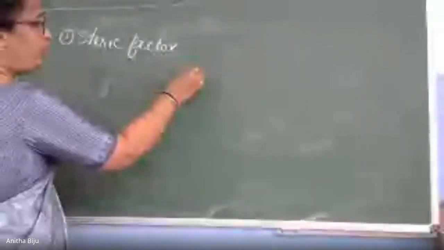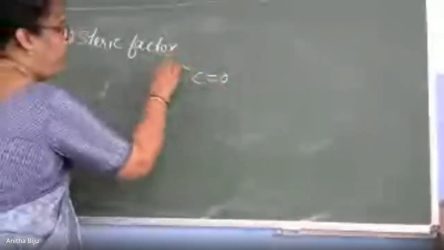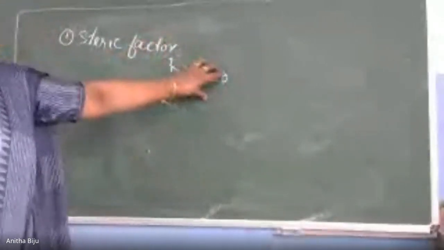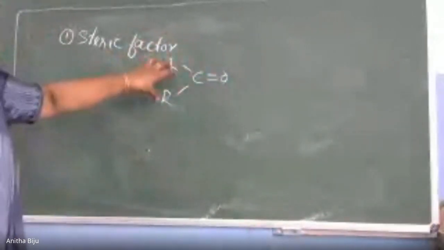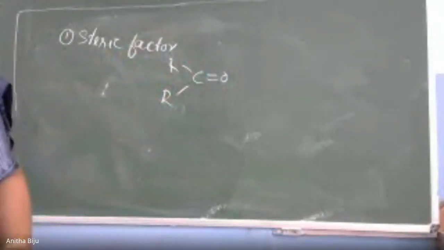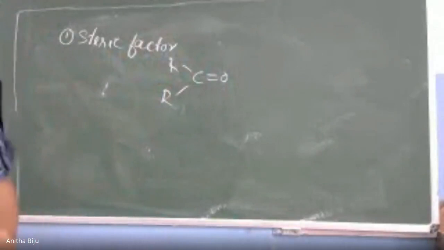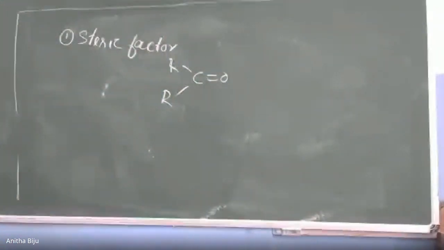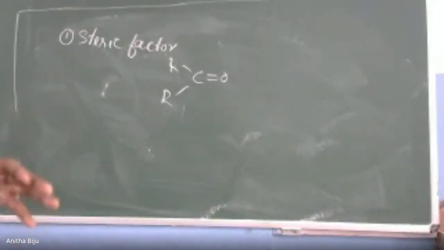I will show you. See, double bond R. This is a carbonyl group and these two are heavier groups, alkyl groups. Suppose we put the smallest member of alkyl group, methyl. It has a molecular mass of 14 U. So it is a heavier group, and because of this heavier group, it feels steric hindrance.